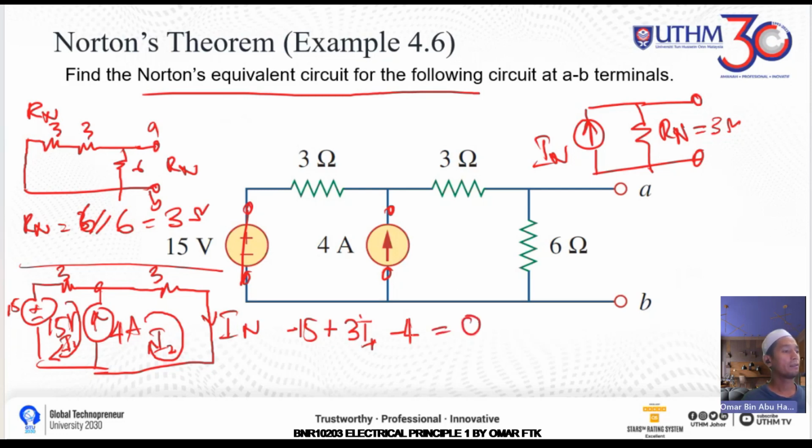Okay, so for this one, I2 minus I1 equals 4.